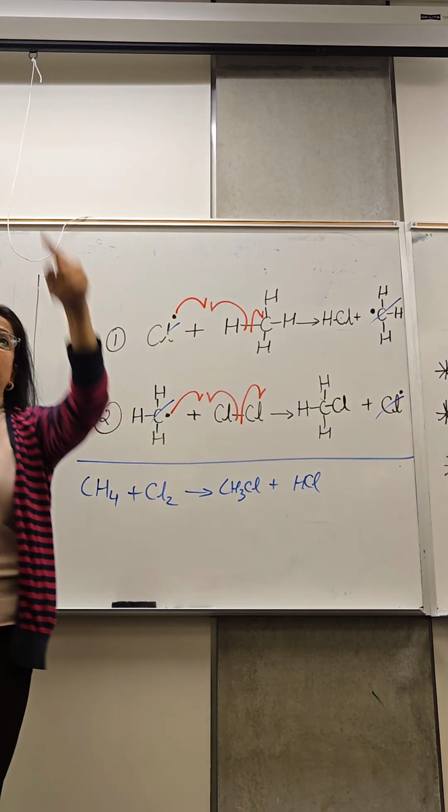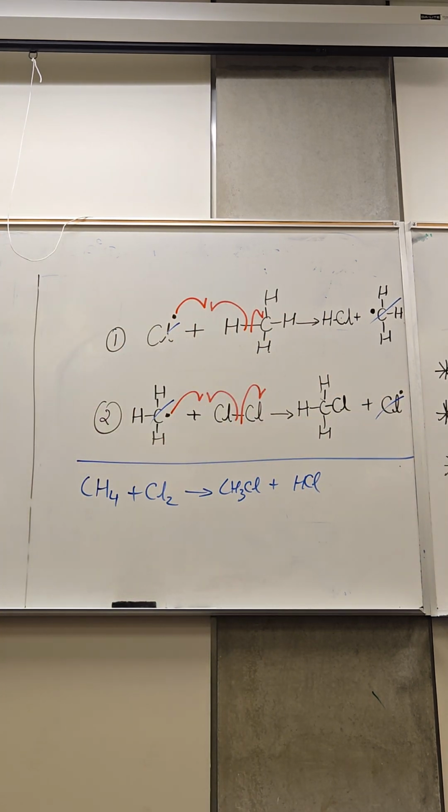It just keeps on and on till one of the ingredients gets used up. That's when the reaction will stop. We cannot control it. Free radical reactions are a health hazard, because once it kickstarts, we can't control it. It goes on and on.